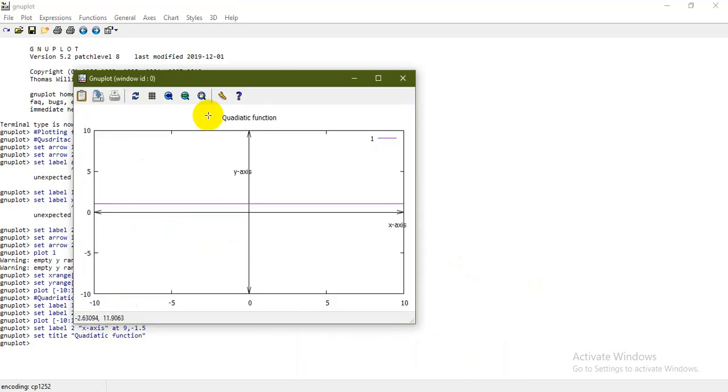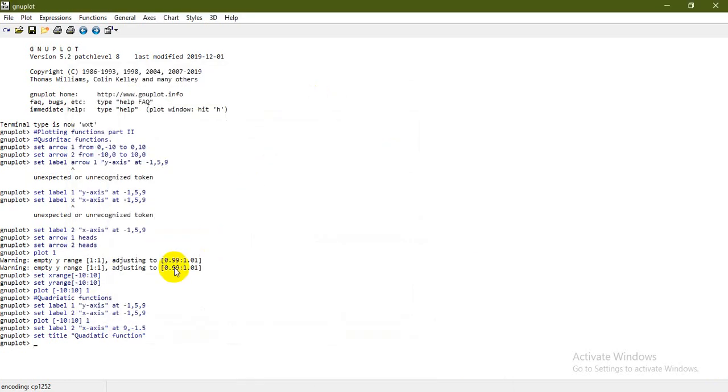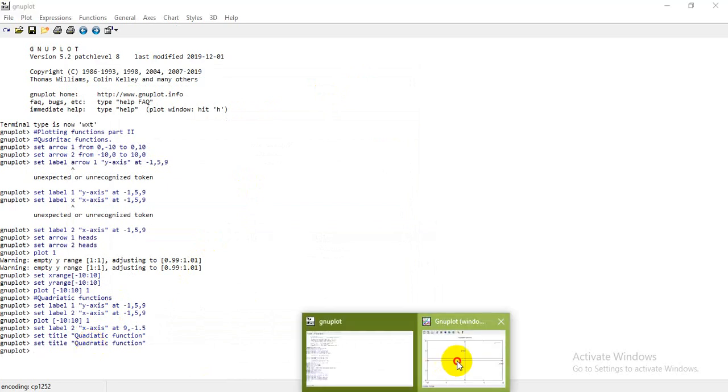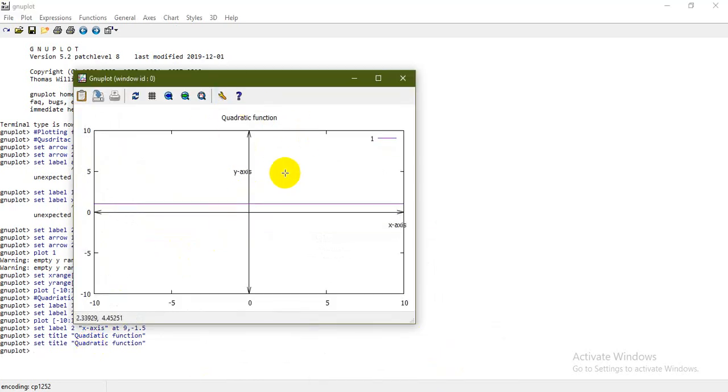So when I do this, you see that the words quadratic function are found here. So this is quadratic function written above here.